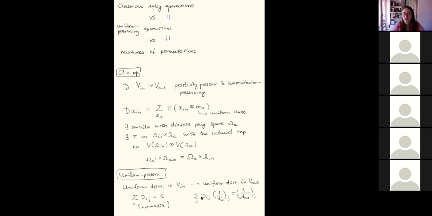But here we're just acting with this matrix on the column vector with all the same entries, which is 1 over d_in. And from here we actually get that the sum over j of d_ij equals just d_in over d_out. So we see that the uniform preserving stochastic maps, which are expressed in terms of these matrices, have these two properties.